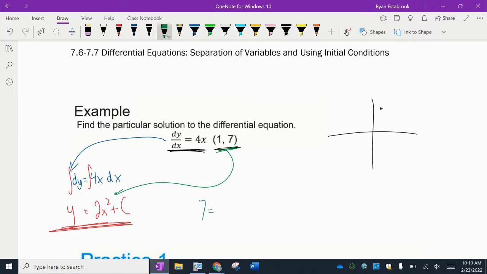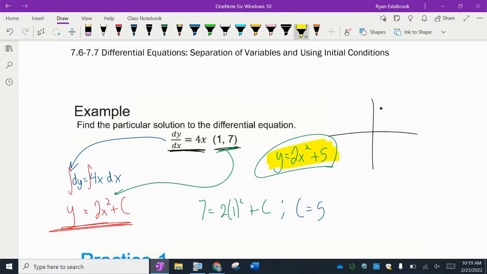Plug 7 in for y. Plug 1 in for x. So c equals 5. So our answer to this question is y equals 2x squared plus 5.